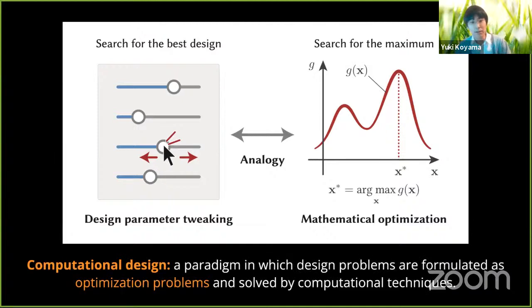So this viewpoint facilitates the series of research called computational design, in which design problems are formulated as optimization problems and solved by computational techniques such as numerical optimization, machine learning, physics simulation, and so on.